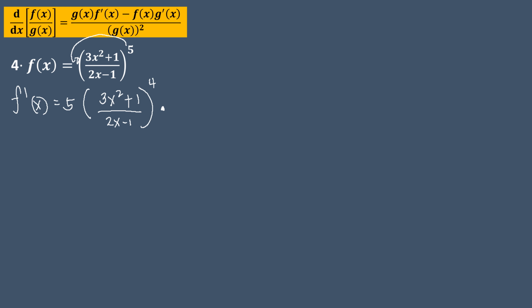As you have seen, our inner function is expressed in a quotient form. So if it is expressed in a quotient form, we will get its derivative using the quotient formula. But before that, we will get the derivative of our first function. Our first function is considered as the numerator, and our second function will be our denominator.